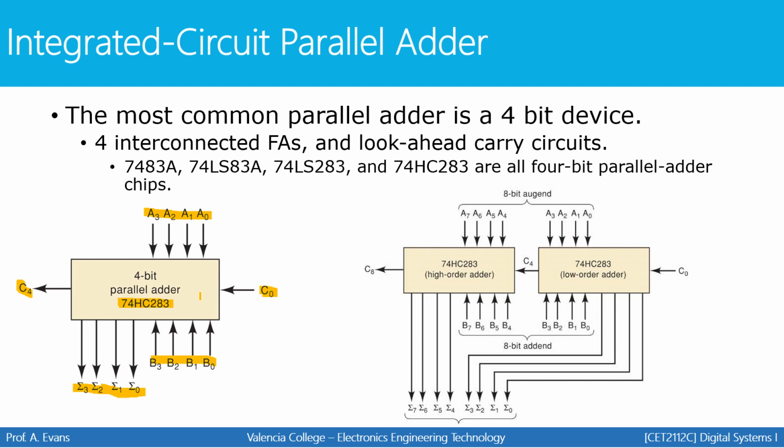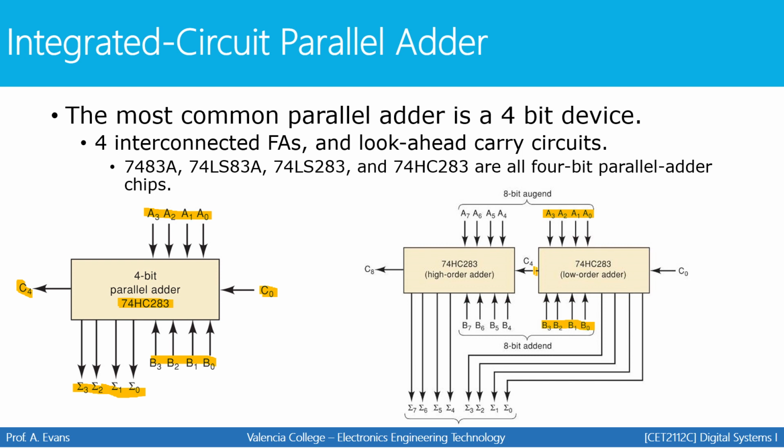The nice thing about these particular ICs is that they can be cascaded. The picture on the right shows the idea of cascading 2 chips together. And that just means that the output of one chip becomes the input of another. So in this example, we have 2 74HC283s, where the first one on the right is going to add up half of the number.